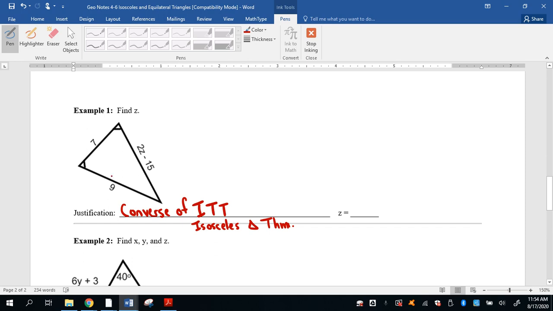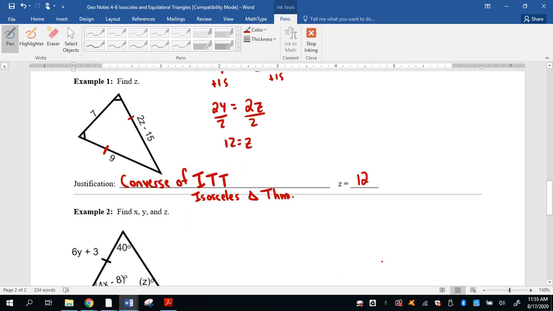So we know that 9 is equal to 2z minus 15. Add 15 to both sides, so we have 24 equals 2z. Divide both sides by 2, so we get z is 12. Next problem, we want to find x, y, and z.